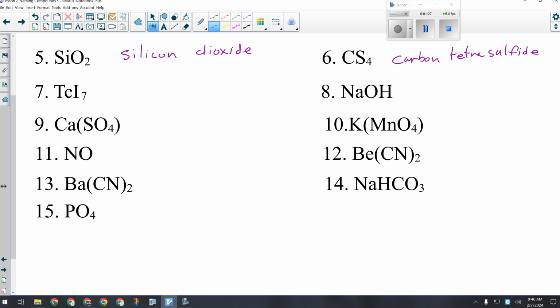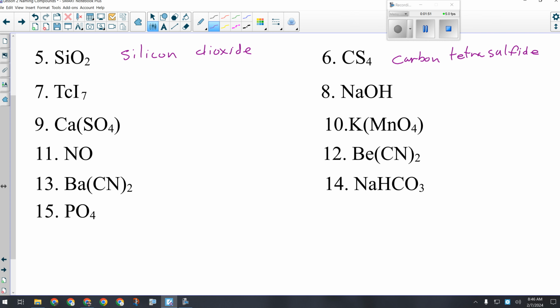All right, number 7, ionic or molecular? It's a weird one. Technetium is right here. Does that make it a metal or a nonmetal? It's a metal. If it starts with a metal, what kind of compound am I dealing with? Ionic. Technetium is actually very rare and man-made.